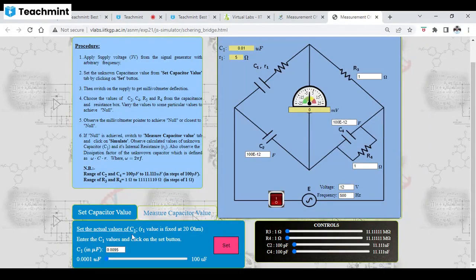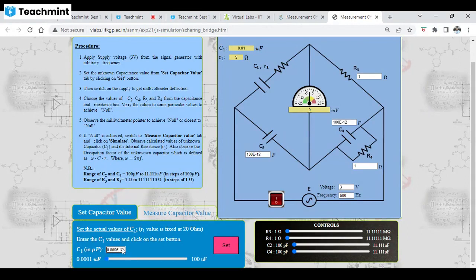So first, initially what happened? We set the capacitor value. Applying 3 volt from the signal generator, we set the value of 3 volt. Now set the unknown capacitance value.